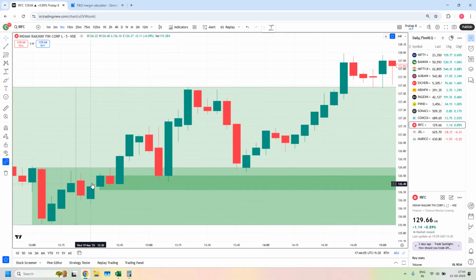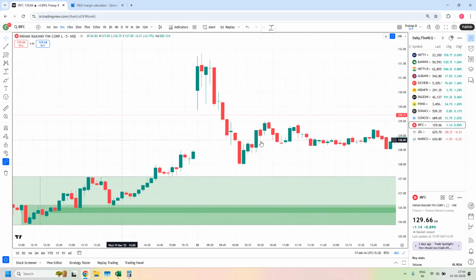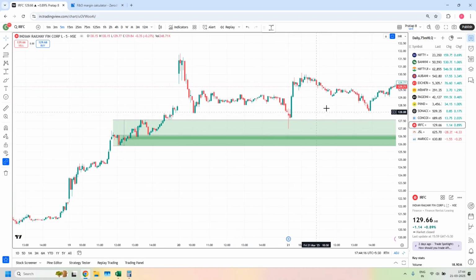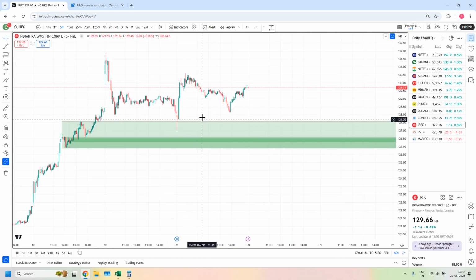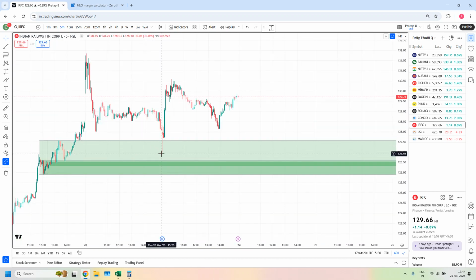So this is the one: rally, 2 base candles in a narrow range and rally candle. And this area is already tested. So that's why we didn't plan any trade from this zone. Today prices entered into the zone. But this is the area where we don't have any fine-tuned zones.